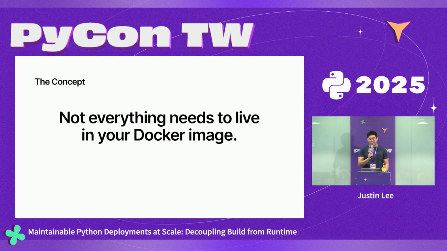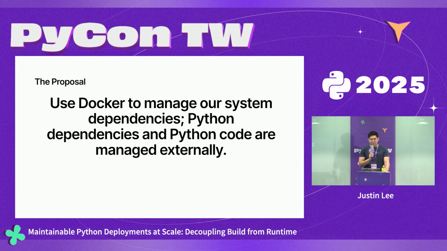To address this, we can approach deployment with a different perspective. Not everything needs to live in your Docker image. And so my proposal is that we can use Docker to manage our system dependencies, and Python dependencies and Python code are managed externally. Okay, now we are going to cover real-world examples that also address those two trade-offs that I mentioned earlier, for startup performance and deployment complexity.